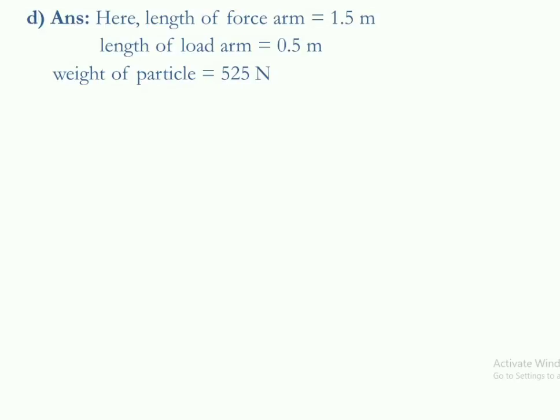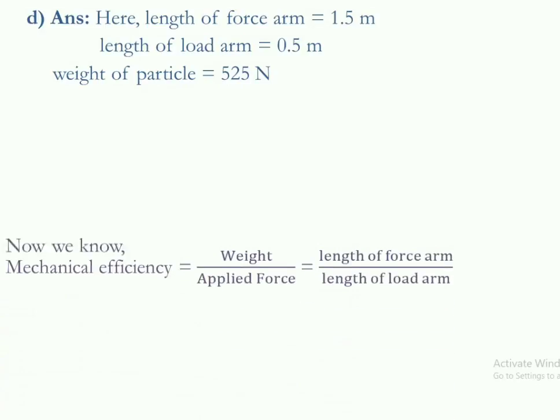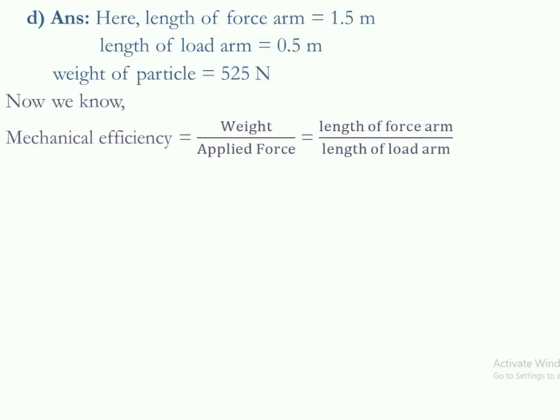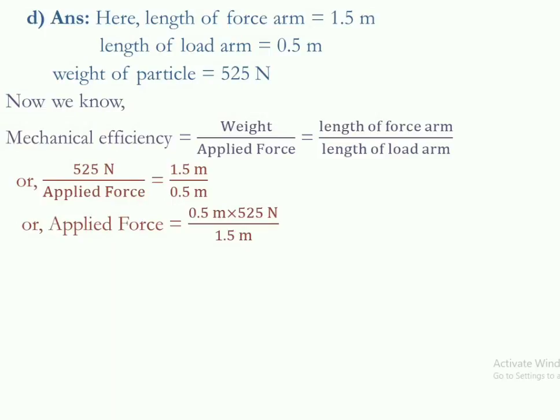So similarly, from mechanical efficiency, we can write weight divided by applied force equals length of force arm divided by length of load arm. So weight is 525, length of force arm is 1.5, and length of load arm is 0.5. If we put the values, the equation will look like this: 525 divided by applied force equals 1.5 divided by 0.5.